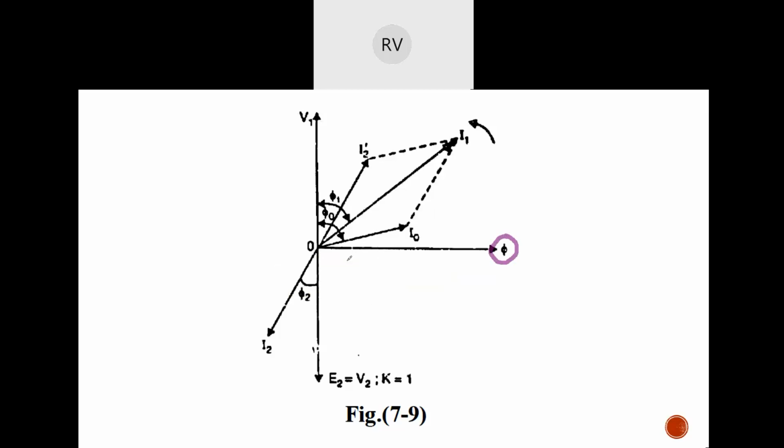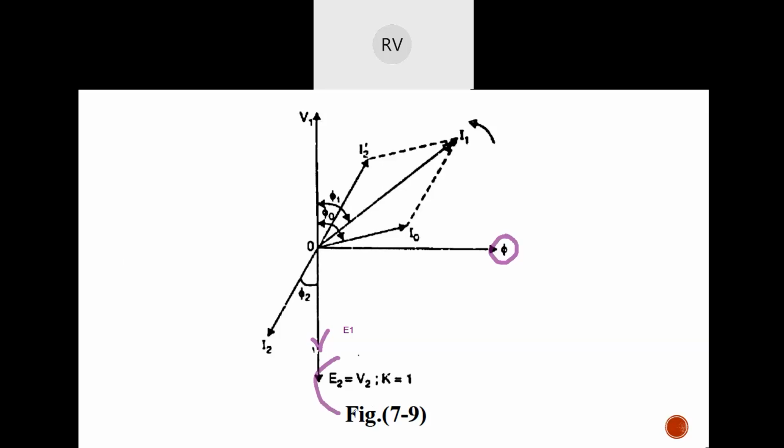Both E1 and E2 will be lagging phi. Here somewhere E1 will be there, and you have E2 again. E2 is equal to V2, because here we are assuming that there are no resistances and reactances.